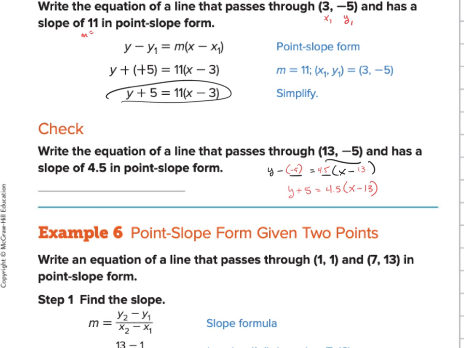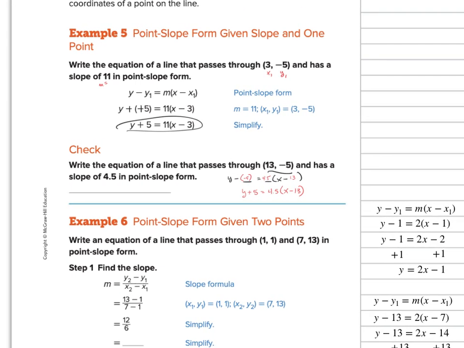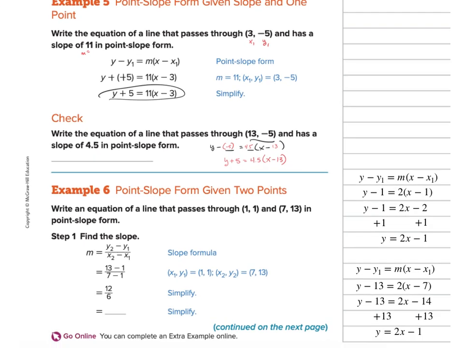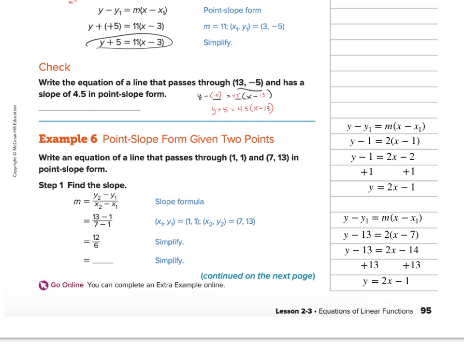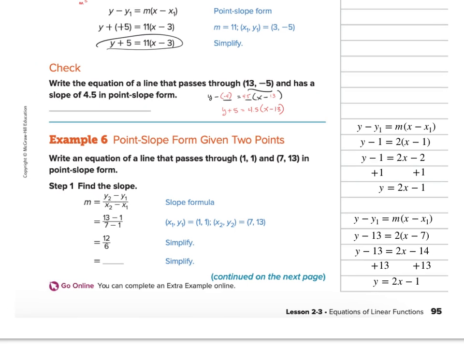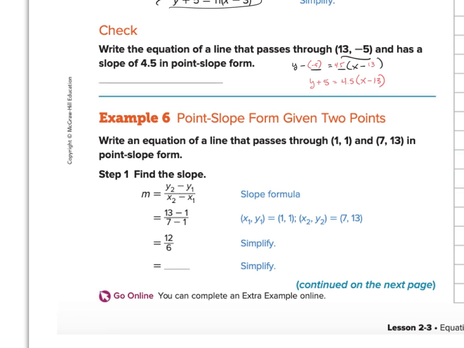Okay. Now, if you needed to go from point-slope to slope-intercept form, I think I'm going to show it to you in this next example. But let's see here. Point-slope form given 2 points. Given 2 points, we have to calculate the slope first.